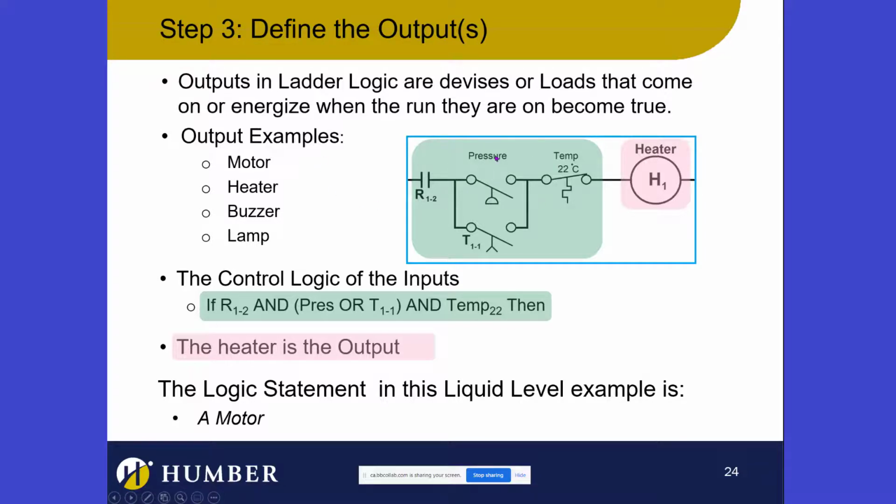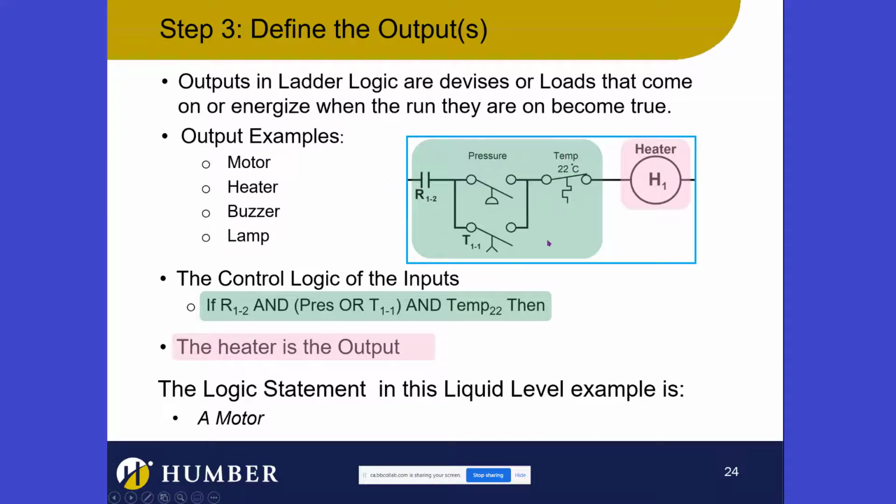So these are just examples here. I can take a look at this logic, and I've just put all of this here as an example. It's not the liquid level, obviously, because that is a pressure switch. That's a temperature switch, and this is a timer. So just talking about this piece of logic here, I can say this comes from a relay. These are in an OR, but it is ANDed with this, and that is ANDed with this OR.